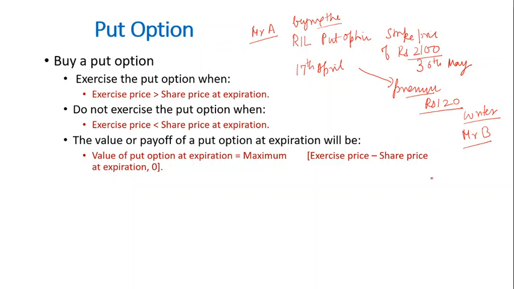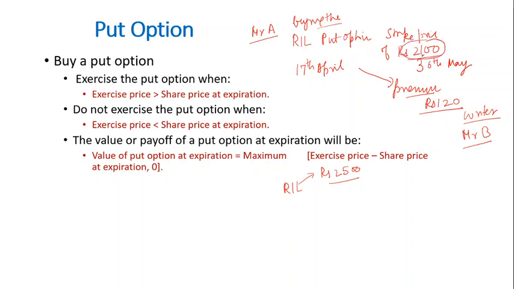So now let's see what will happen. If on 30th May the Reliance stock goes up to rupees 2500, Mr. A has a choice to sell this at rupees 2100. What is your opinion? Will he be exercising this choice?